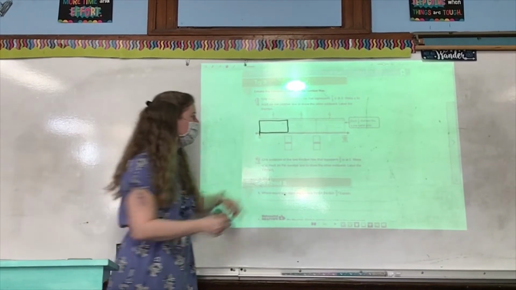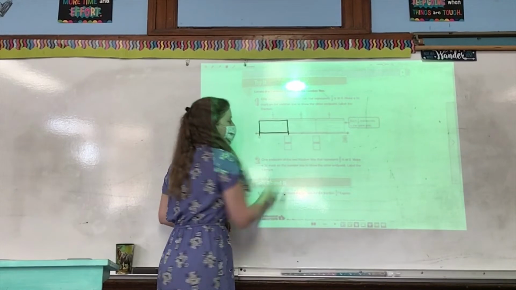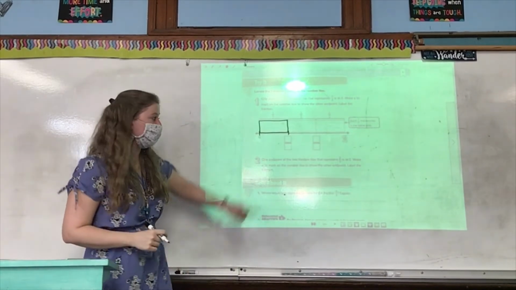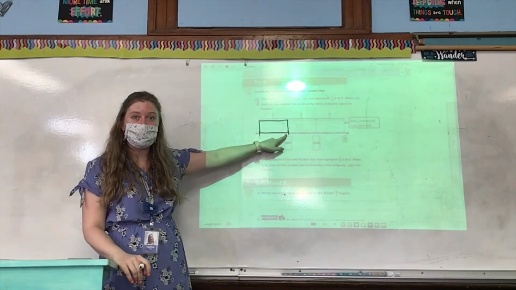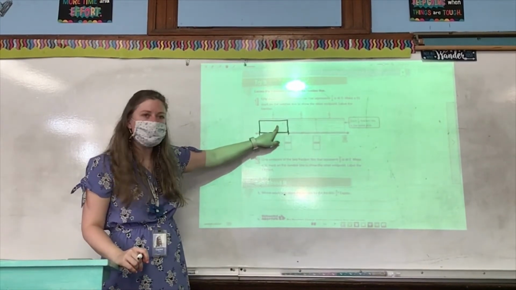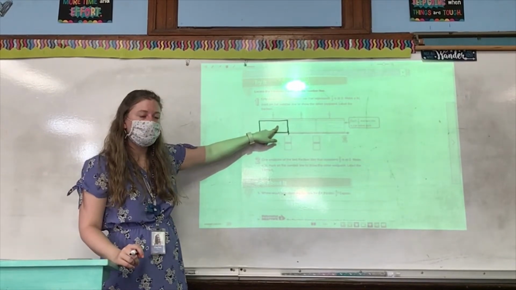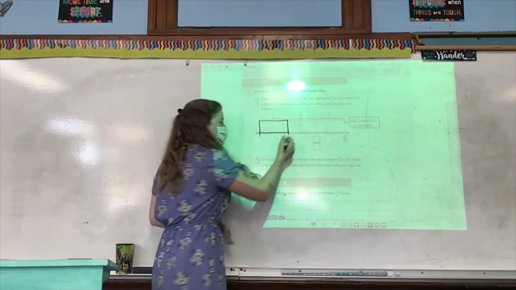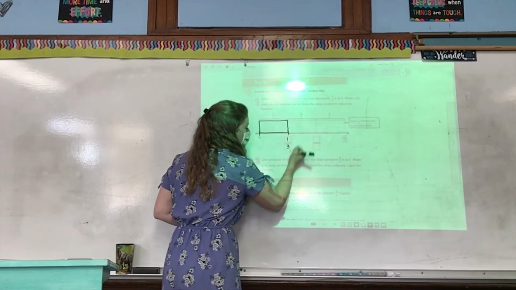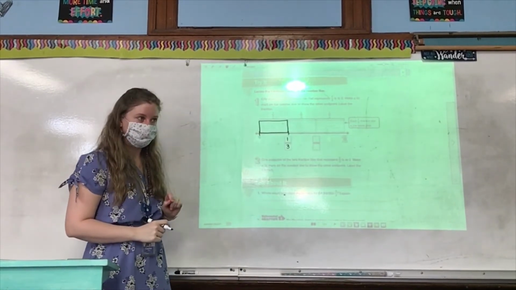Between the 0 and the end of the fraction tile, put a tick mark at the other end of the fraction tile. And this represents how many? Carla? 1/3. So we have one fraction tile. Therefore, we have 1/3.